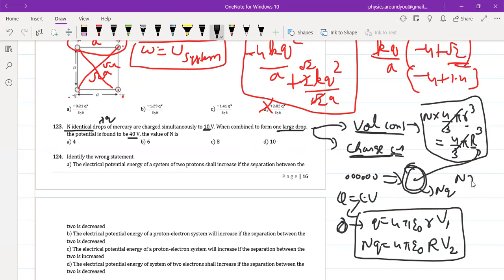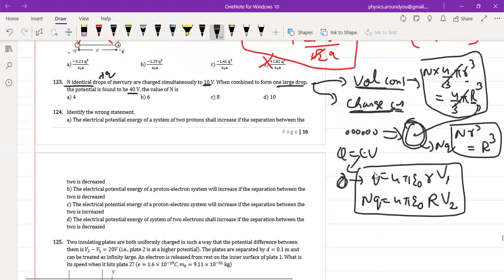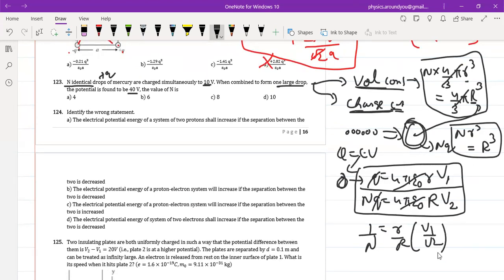I get n r cube is equal to capital R cube, right? And from these two equations, I can divide the first with the second. When I divide, I can cancel many things: Q and Q, 4 pi epsilon naught, 4 pi epsilon naught. So I have 1 by n equal to r by R into V1 by V2.